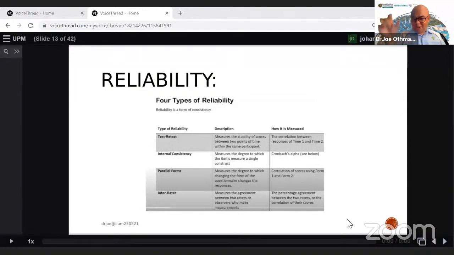It's a complicated mathematical formula, and from that formula, ranging from 0 to 1, if it comes close to 1, let's say Cronbach alpha is 0.7, 0.8, 0.9, then the whole set of items, let's say 10 items, 20 items, representing one test, is actually measuring that one topic. But remember that there is a caveat. For internal consistency, you cannot have too many subtopics.